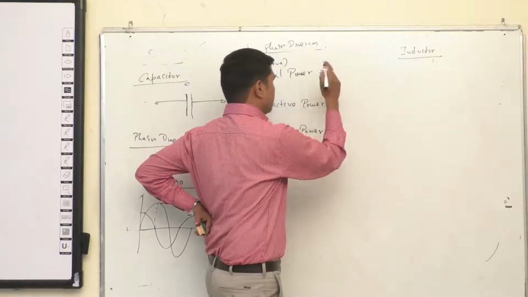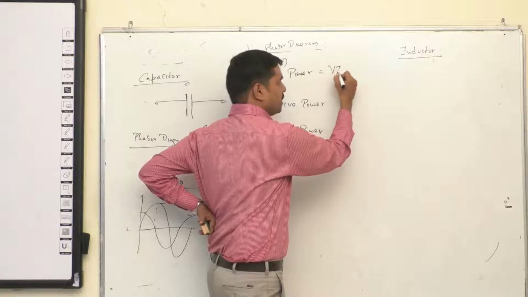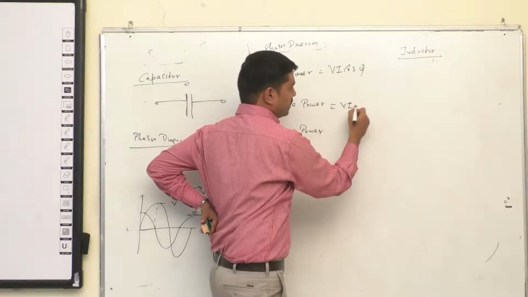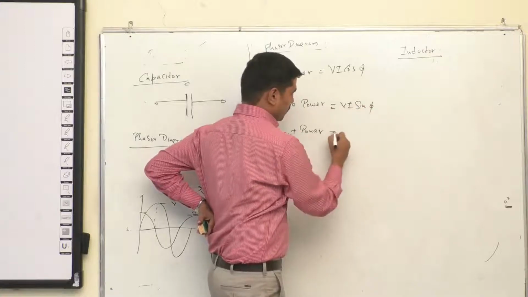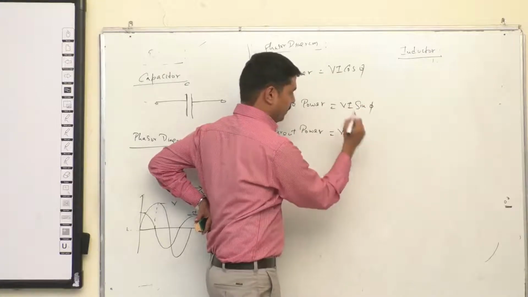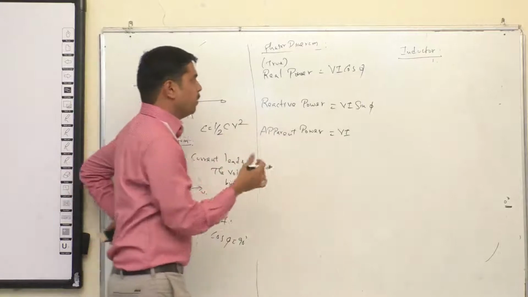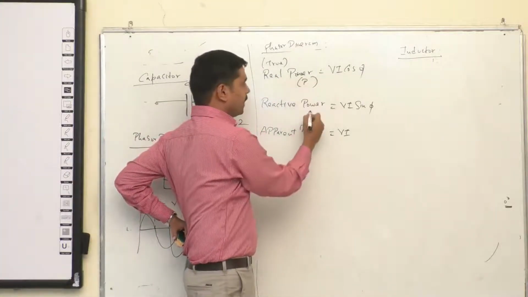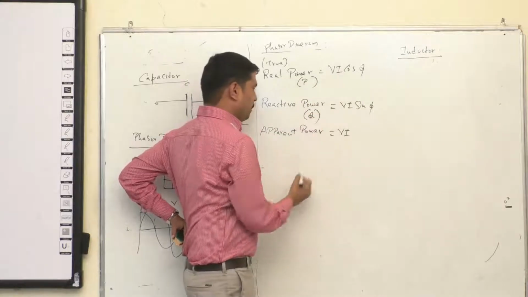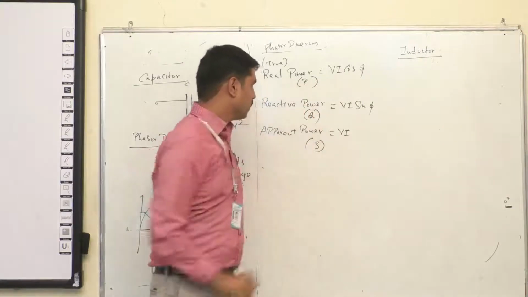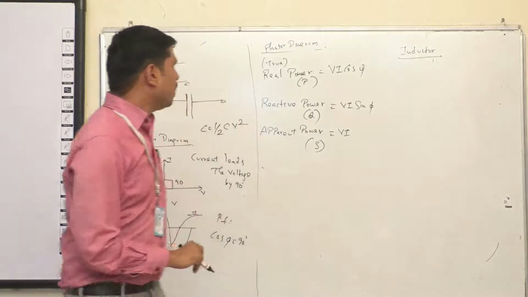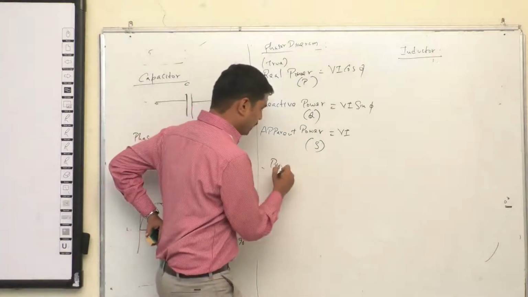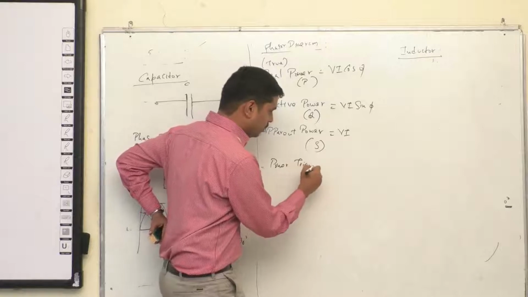Everything we are discussing here is single phase, so real power is VI cos phi, reactive power is VI sin phi, and apparent power is VI. The symbol of real power is P, reactive power is Q, and apparent power is S.